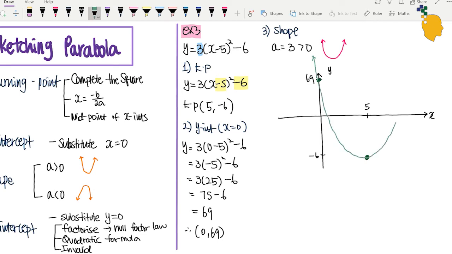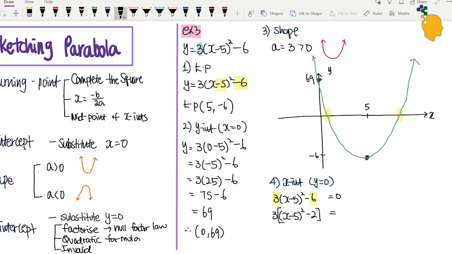Let's find the x-intercept by substituting y equals 0. So we have 3 bracket x minus 5 squared minus 6 equals 0. Then here, I'm going to use DOTS to factorize. But you see that we have a number in front of the bracket? We have to take it out. 3 bracket x minus 5 squared minus 2 equals 0.